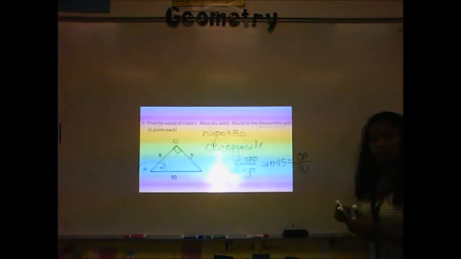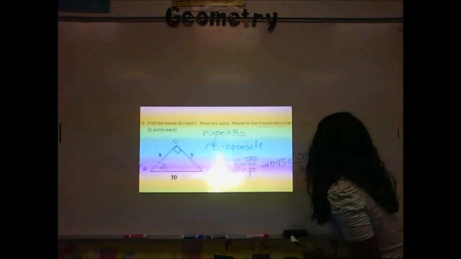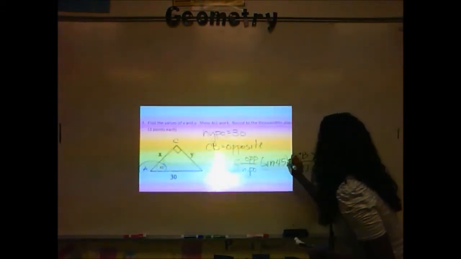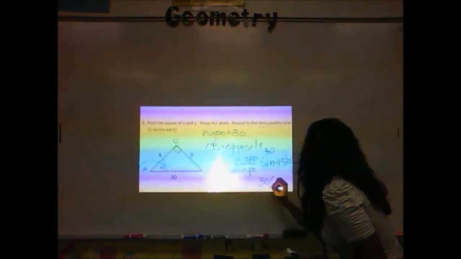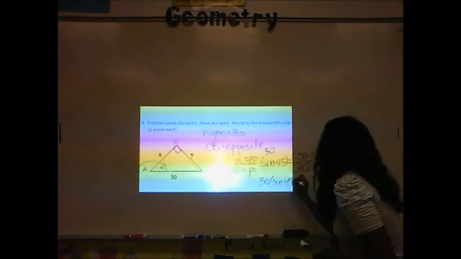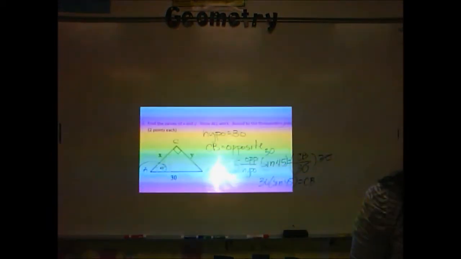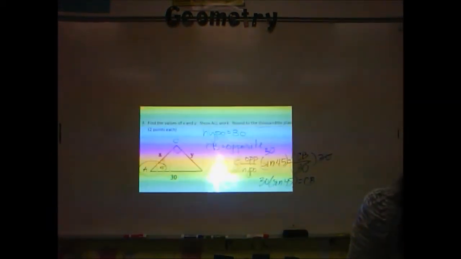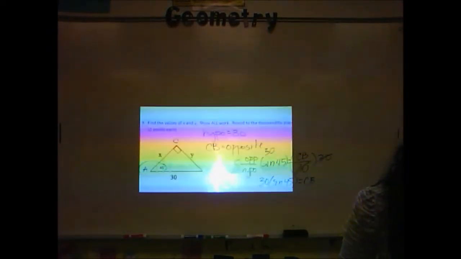How are we going to solve this one? Same thing we did for the last one. Multiply both sides by 30. These two cancel out, and we're left with 30 times the sine of 45 equals CB. In our calculators, we should be typing in sine 45 times 30, and we get what?